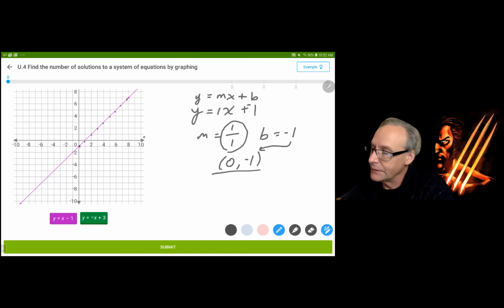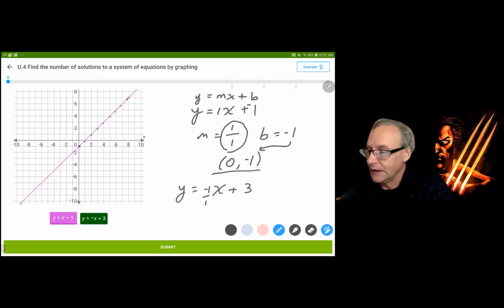Now I'm going to graph the green one. And the green one says y equals negative x plus 3. There really is a 1 here in front of the x, even though you don't see it. And the slope is negative 1 over 1. Now, the reason we love 0 is because it's easy to work with, but you could have chosen any number for x.